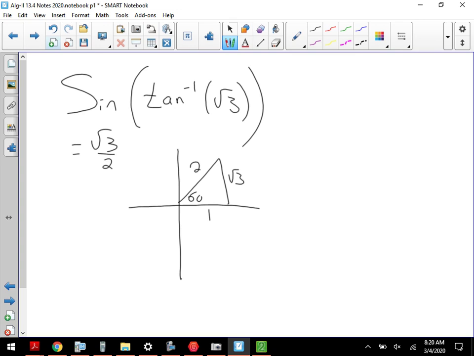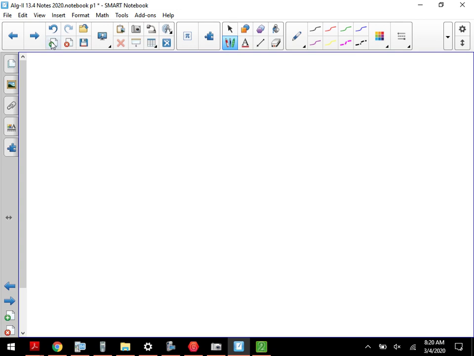Let's see. Look at 26. Arc cosine of sine of pi over 3. That means what angle has the cosine of the sine of pi over 3.